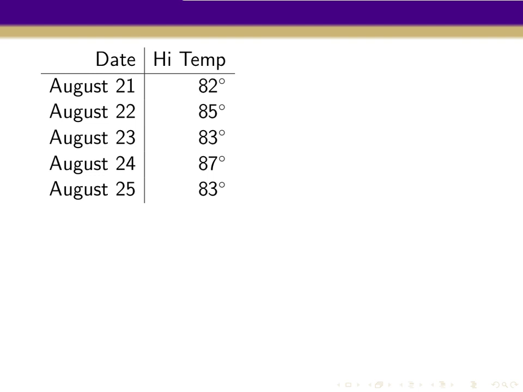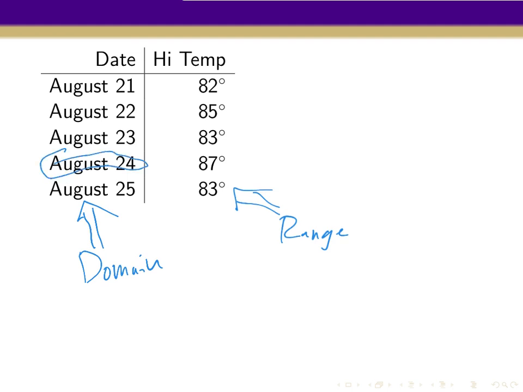So all of these dates as a set is our domain, and all of the high temperatures as a set is the range. In this function, when we plug in a date, like August 24th, the function is going to spit out the high temperature on that date, in that case 87 degrees.